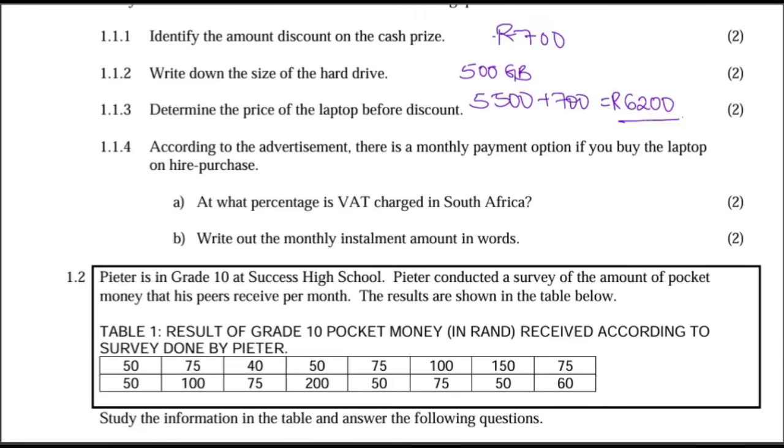Okay. According to the advertisement, there is a monthly payment option if you buy the laptop on hire purchase. At what percentage is VAT charged in South Africa? Everyone knows it as 15%, or someone else would have written 0.15. Write out the monthly installment amount in words.